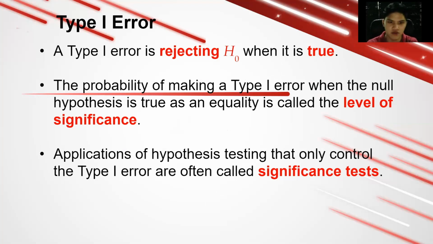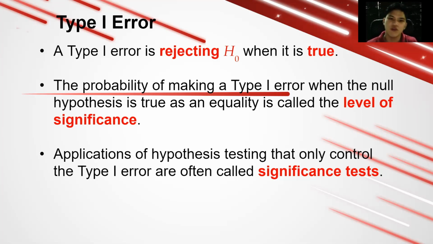It's always either of the two. So a type 1 error is when you come up with a null and alternative hypothesis, and you come to a conclusion wherein you reject HO, or the null hypothesis, when in fact it is actually true. This is a type 1 error.